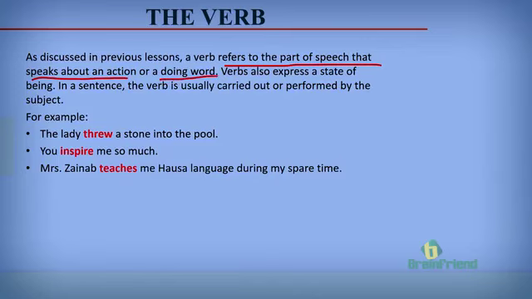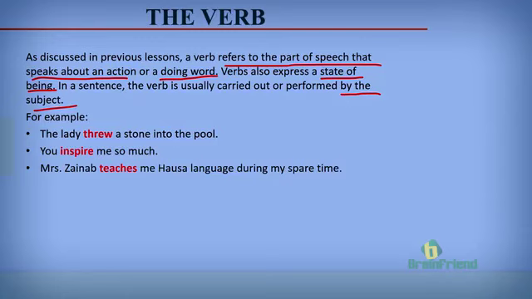Verbs also express a state of being. In a sentence, the verb is usually carried out or performed by the subject. So verbs are simply words that refer to actions or a state of being.